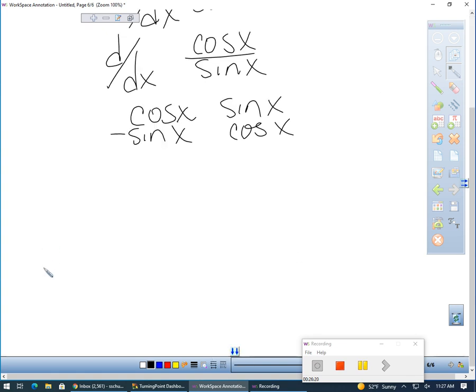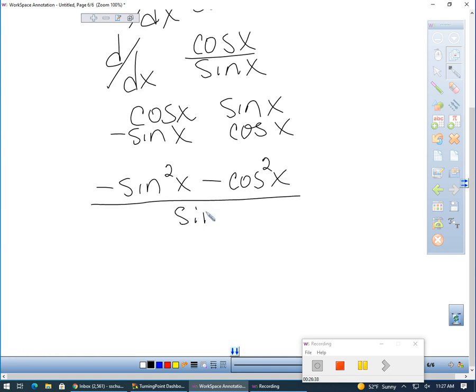All right, so now we're going to do the quotient rule. Negative sine x times sine is negative sine squared x minus cosine times cosine is cosine squared x all over sine squared x. Now, what can I undistribute out of the top line?